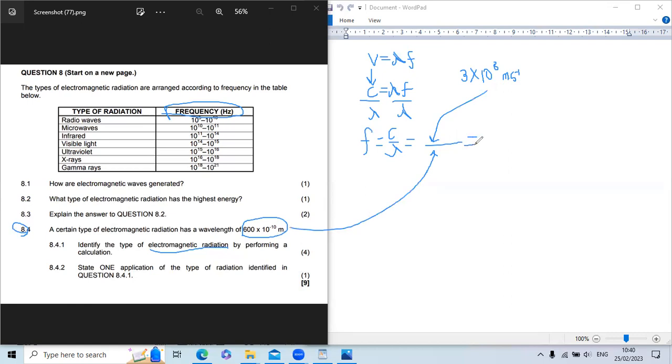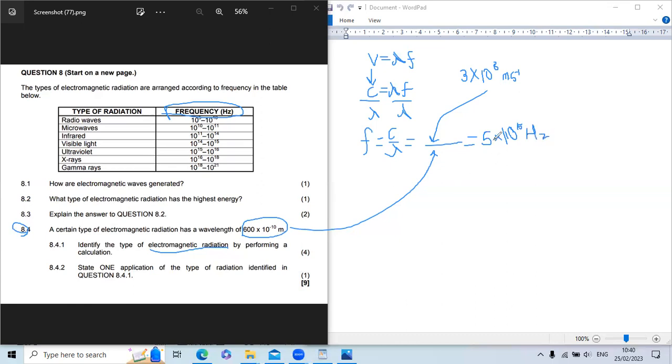And then we're going to end up with 3 times 10 to the exponent 8 over 600 times 10 to the exponent negative 10. We're going to end up with 5 times 10 to the exponent 15, and this is going to be in hertz.